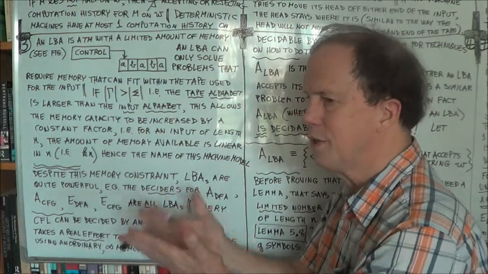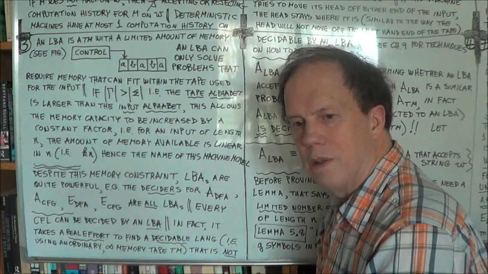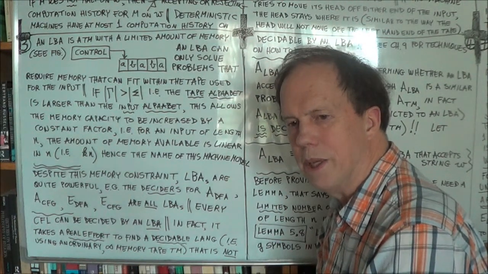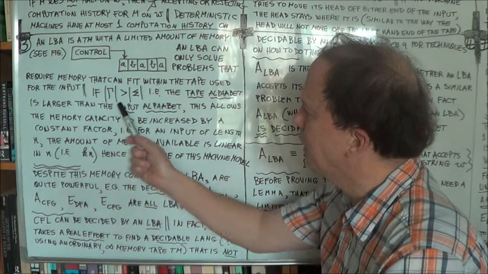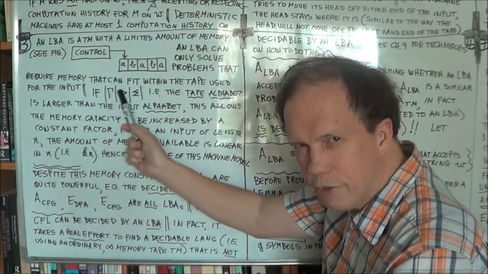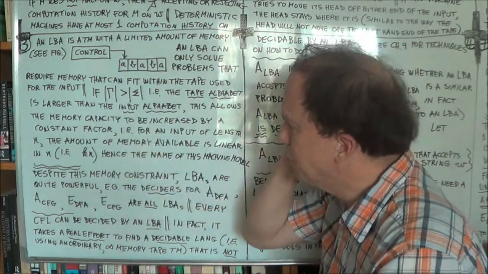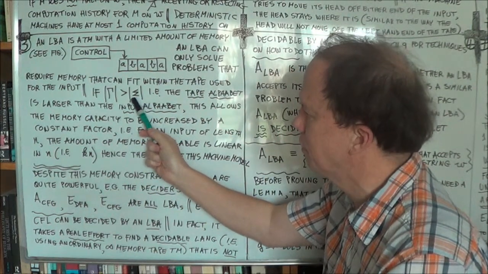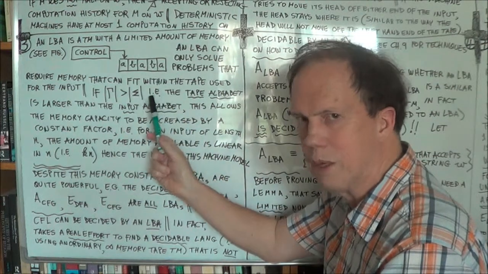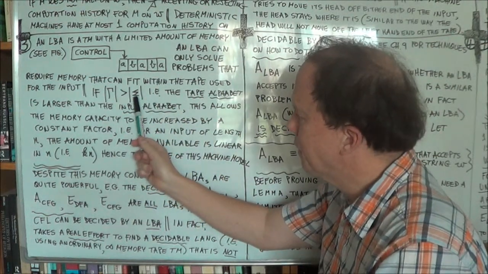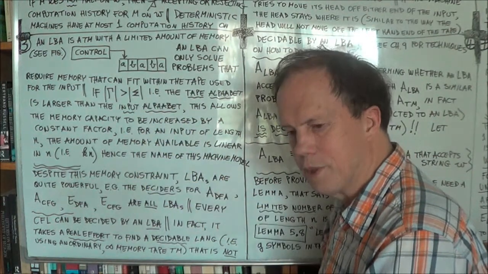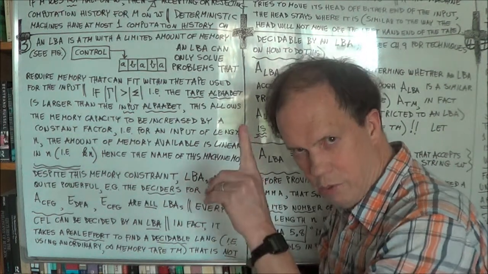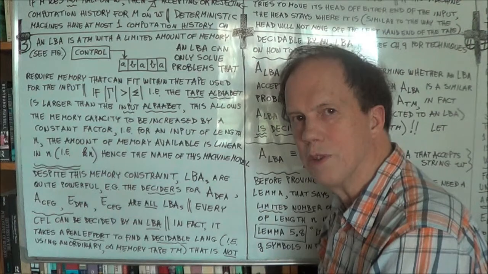Now you can increase that limit, the memory capacity of the LBA, by having a larger tape alphabet than you do the input alphabet. Remember this capital sigma? There's a bit of revision. Go back a few chapters. This is the set of all possible symbols you can have in your input string, in other words, w.